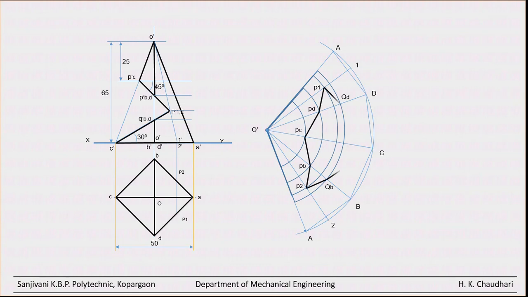See, this will be the cut portion. Clear? Just observe all the points we have joined by a straight line. These are the cut portion, and the remaining edges we can join in this way.